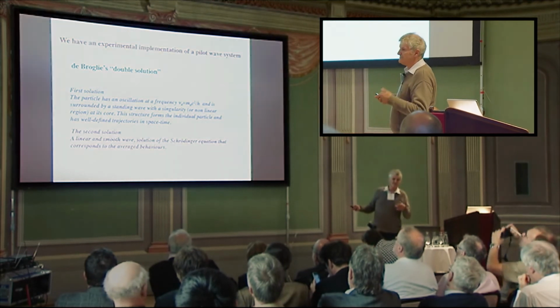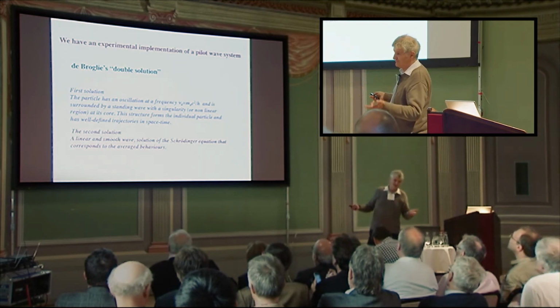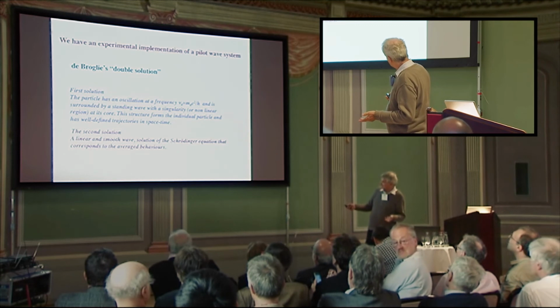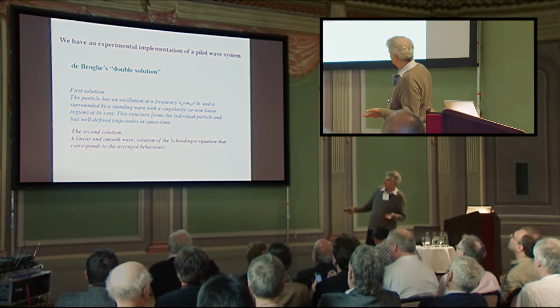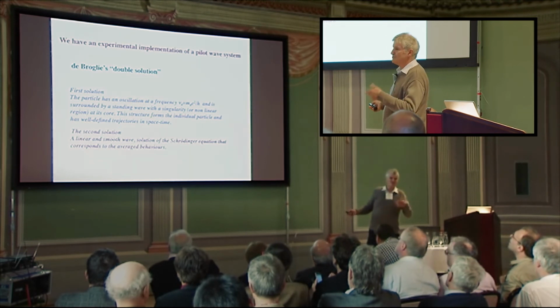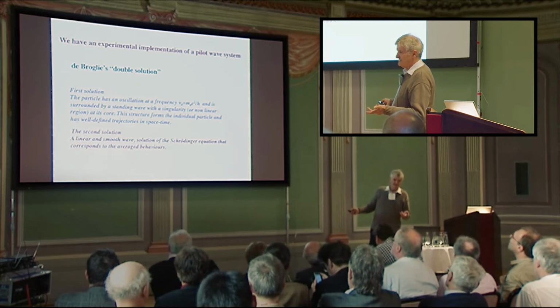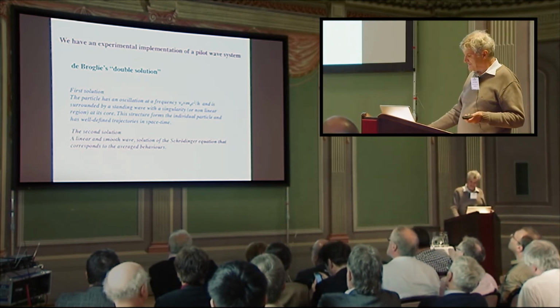One is a wave guiding the particle, which is of unknown nature, still of unknown nature nowadays, a real wave in real space, and the second solution would be the wave which is a solution of the Schrödinger equation. So from this point of view, the two pilot waves differ.